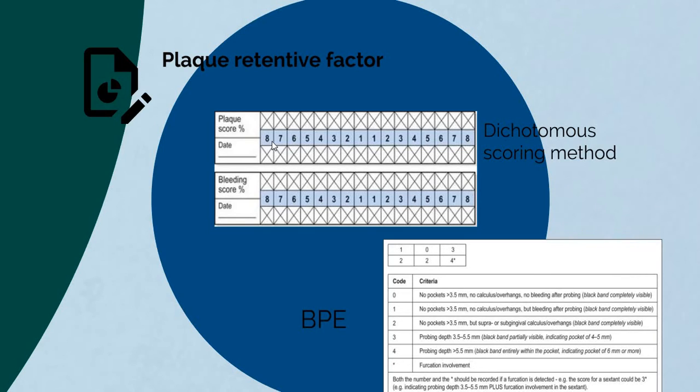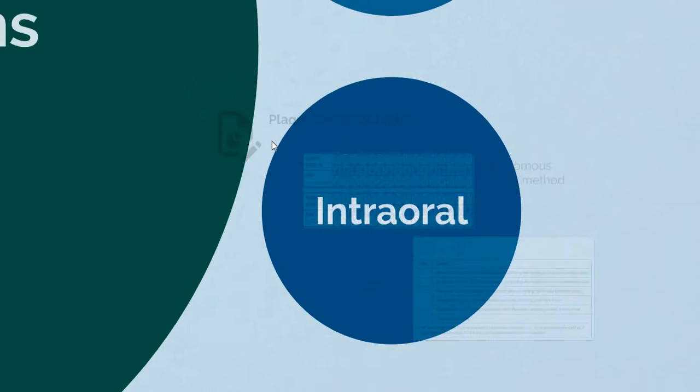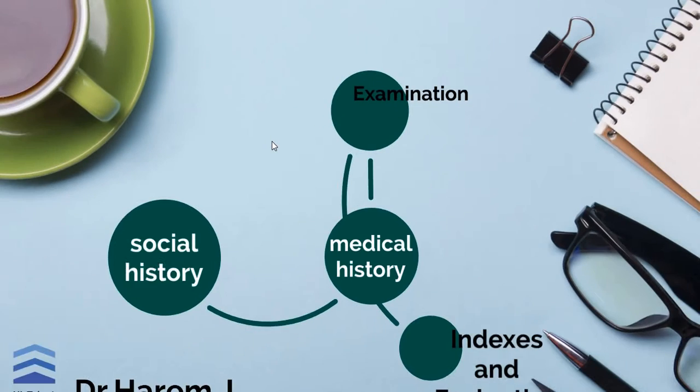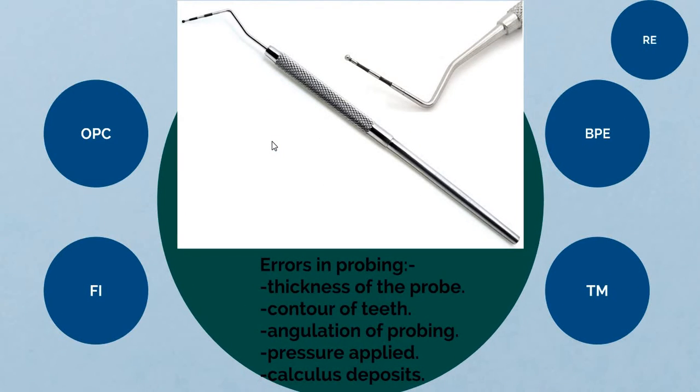and one of the ways of examination that we are using is a periodontal probe. For most of our scoring, the bleeding score and the plaque score, we are going to use a specific type of periodontal probe.